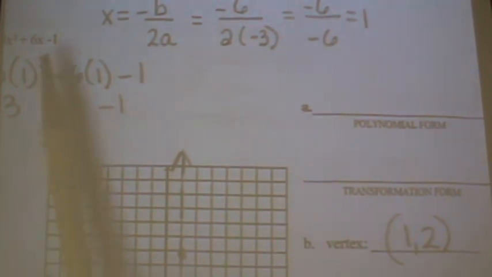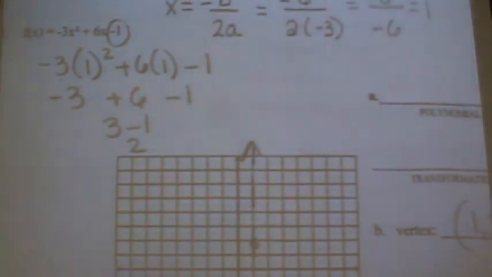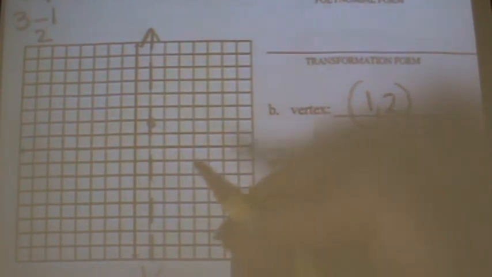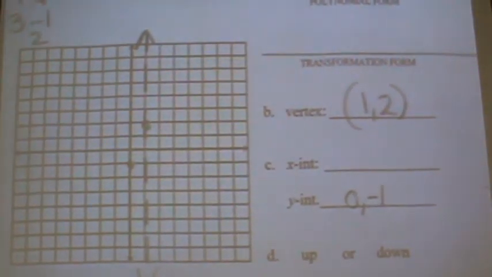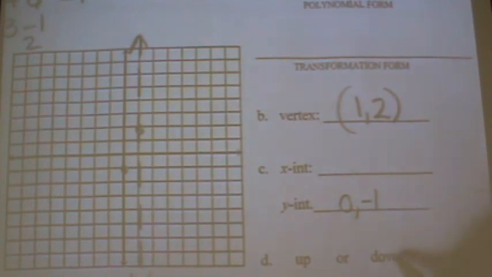It's in polynomial. So this right here is going to be your y-intercept. So (0, -1). And is this going up or down? Down.